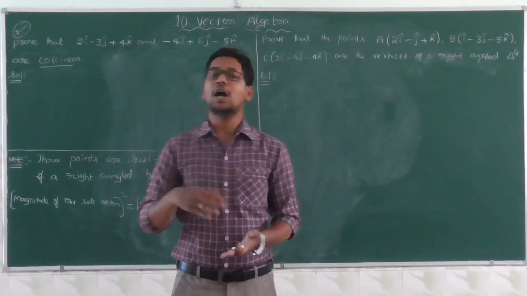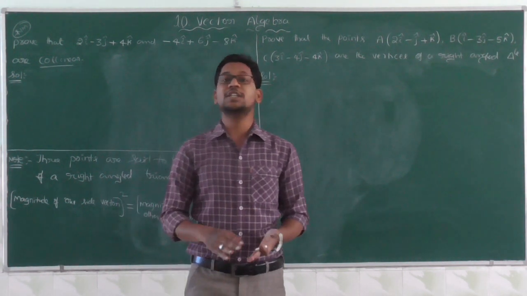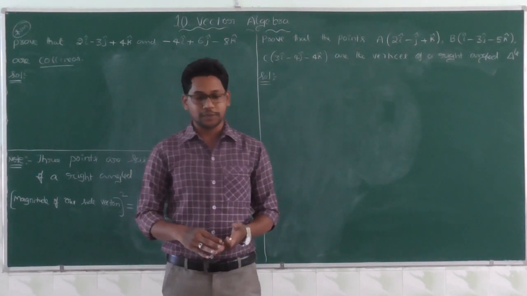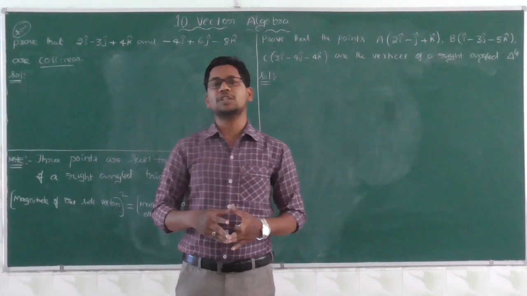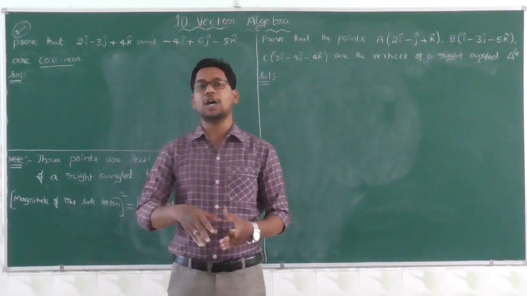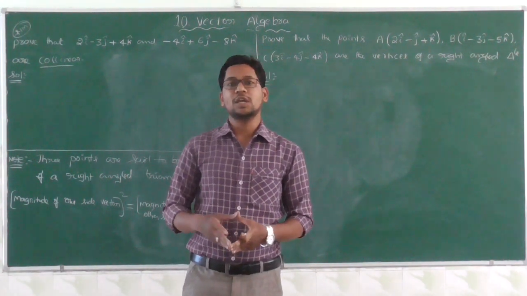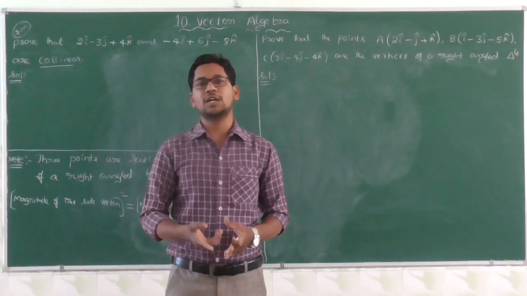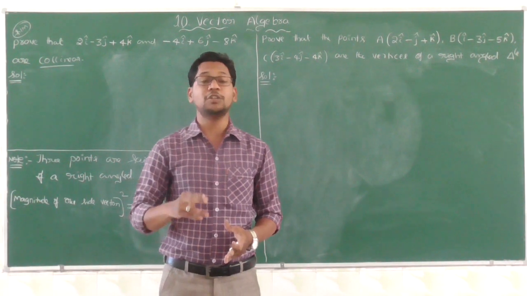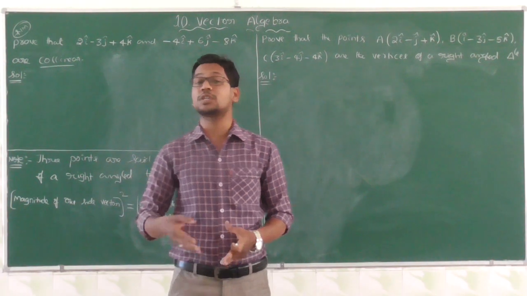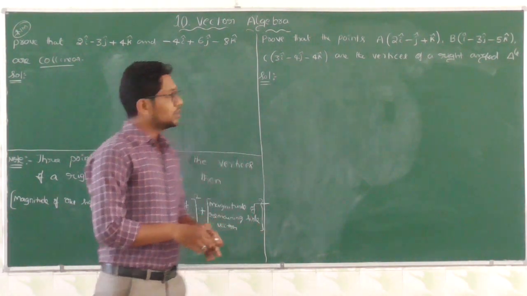For parallel vectors, if a vector is parallel to b vector, then a1 by a2 equals b1 by b2 equals c1 by c2, right?